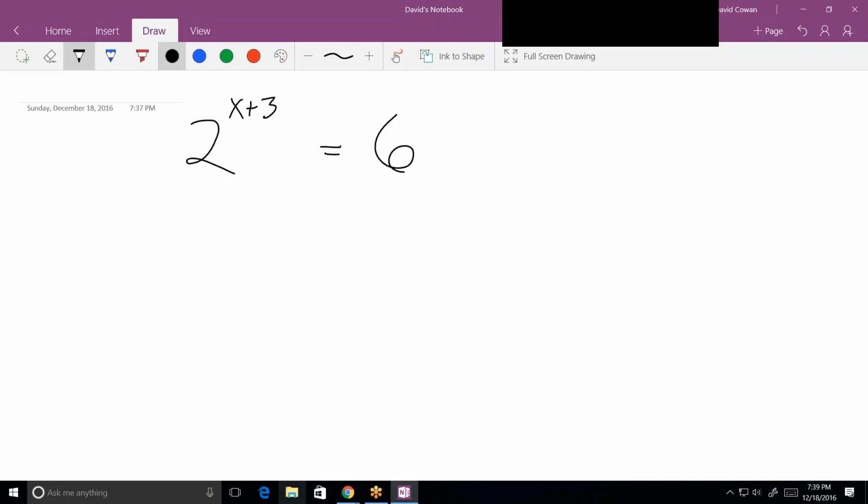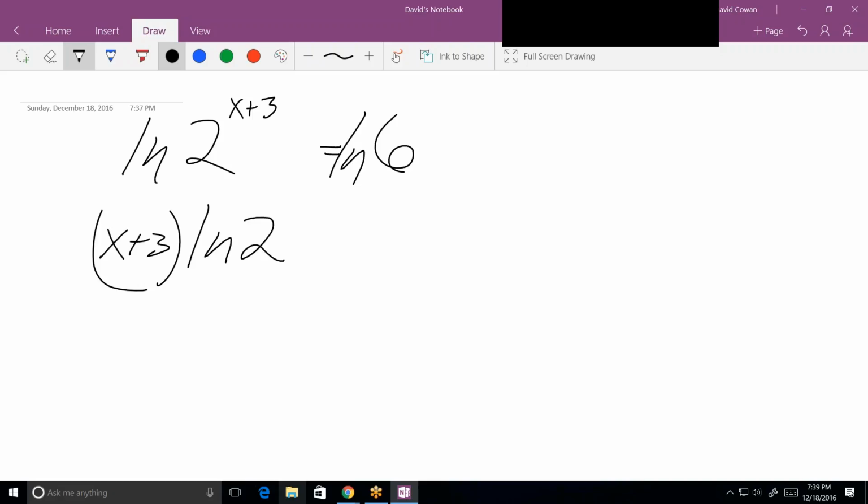Once I take the natural log of both sides, now that allows me to bring down the x plus 3, put it on the algebra line. Now it's an algebraic equation, and I can solve it. I can just go ahead and divide both sides by natural log of 2.